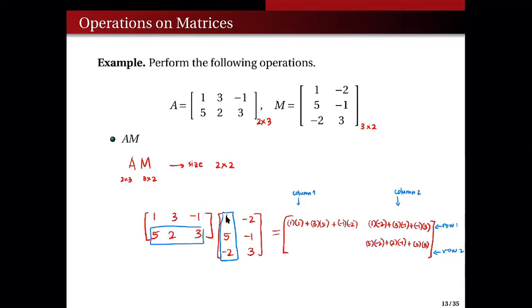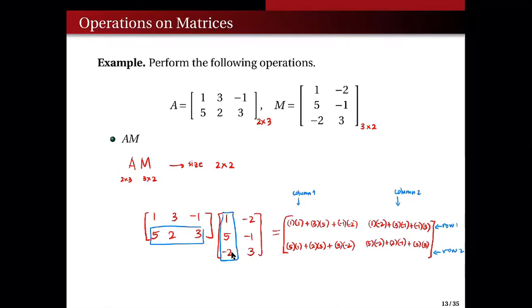So we have here 5 times 1 plus 2 times 5 plus 3 times negative 2. Okay?